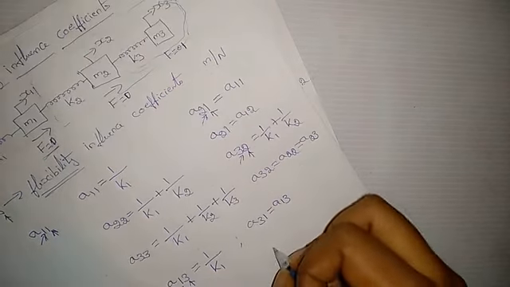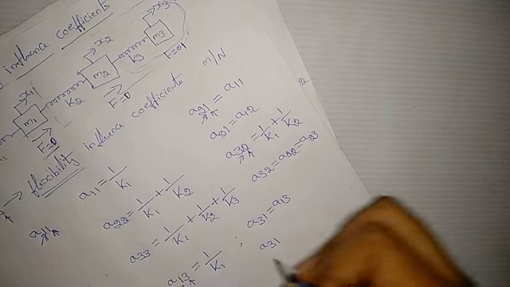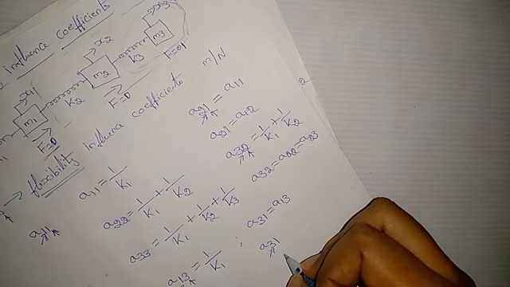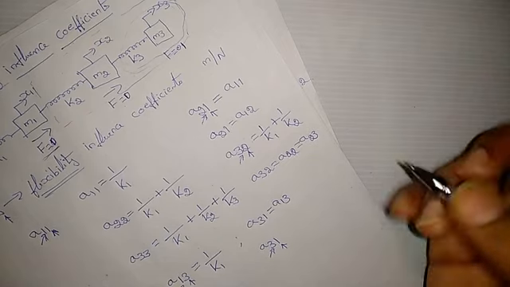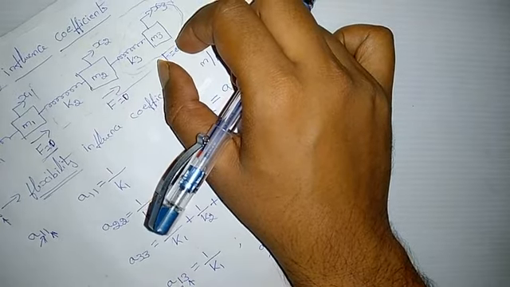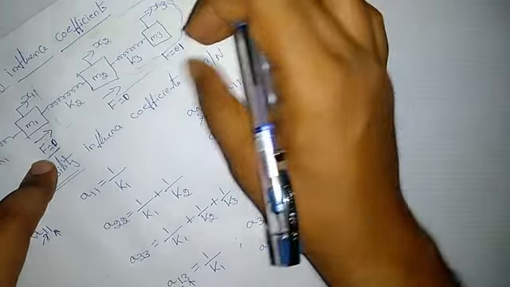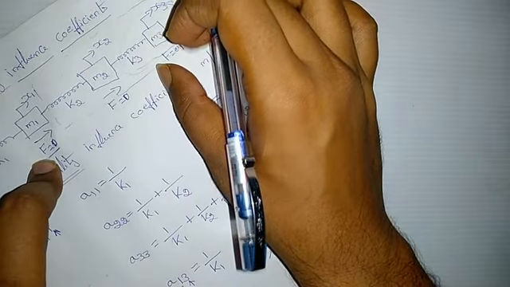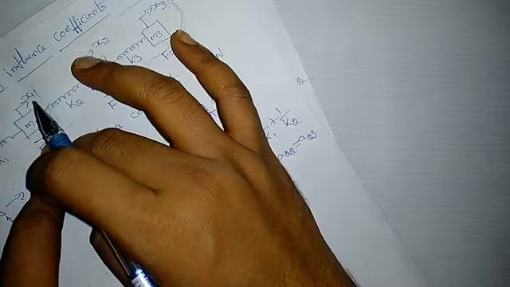But conceptually, A31 means the displacement is measured at point 3 and the load is applied at point 1. So F is equal to 1 here, and you're measuring the displacement at M3. This is 0, this is 0, and this is 1.